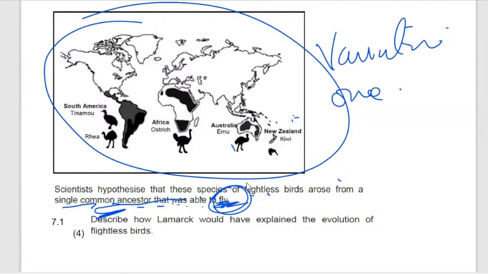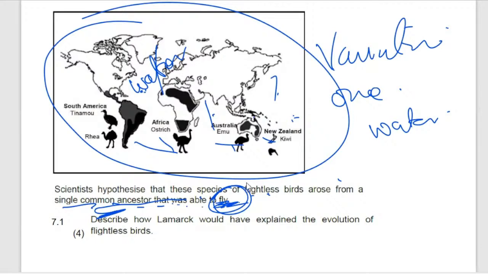This population was split into different continents by continental drift or by water. These subpopulations of birds experienced different environmental conditions. Natural selection occurred independently. There was no gene flow among these birds. Therefore, they became genotypically and phenotypically different.